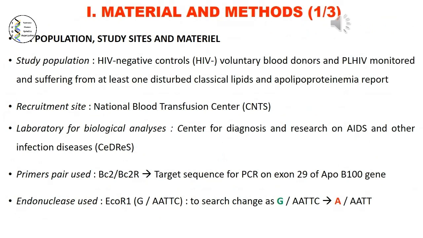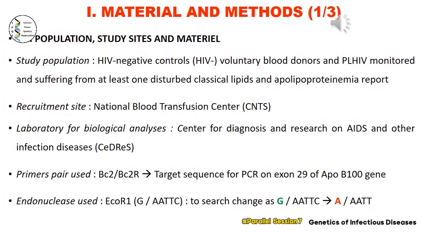About the material and method used, the study population consisted of HIV-negative controls who were voluntary blood donors and persons living with HIV monitored at the National Blood Transfusion Center. All of them presented at least one disturbed lipid report in classical lipidemia and apoproteinemia.